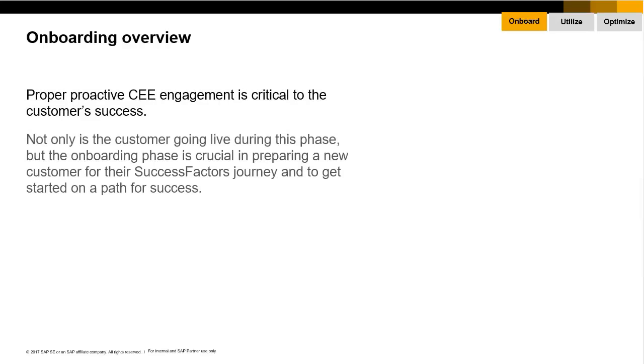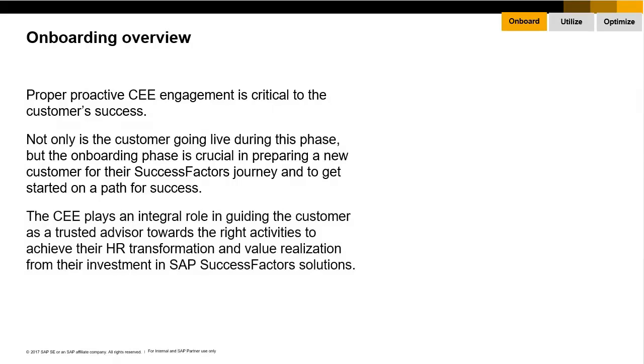Not only is the customer going live during this phase, but the onboarding phase is crucial in preparing a new customer for their SuccessFactors journey and getting started on the path for success. The CE plays an integral role in guiding the customer as their trusted advisor towards the right activities that will help them achieve their HR transformation and value realization from their investment in SAP SuccessFactors solutions.